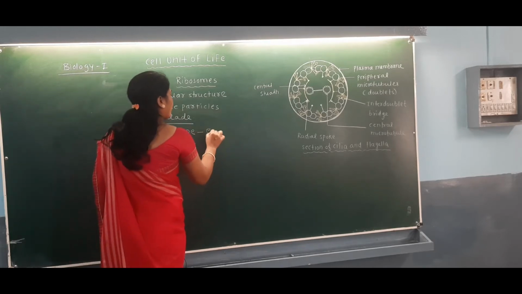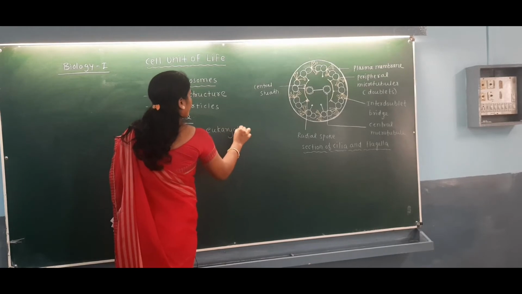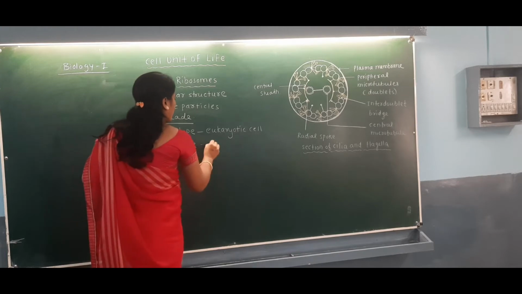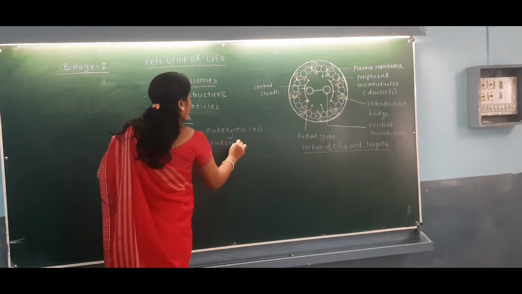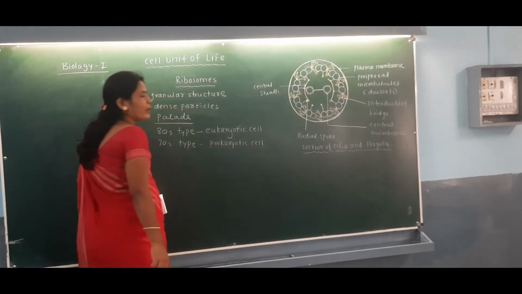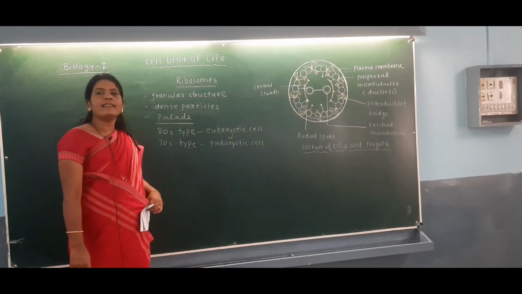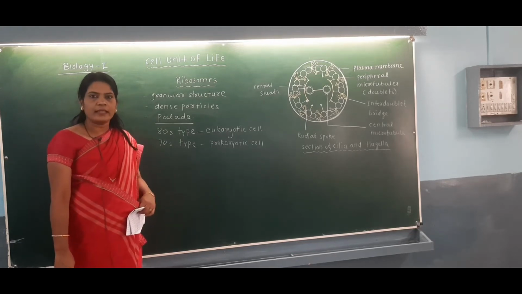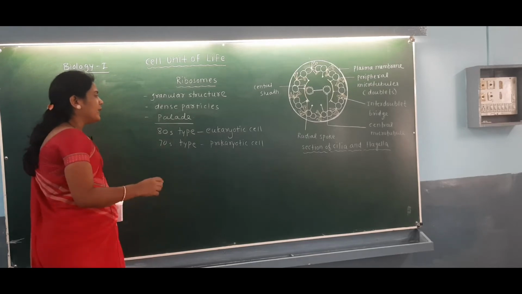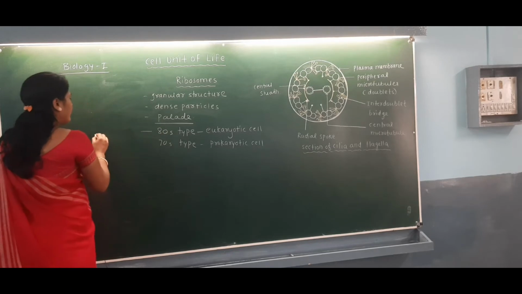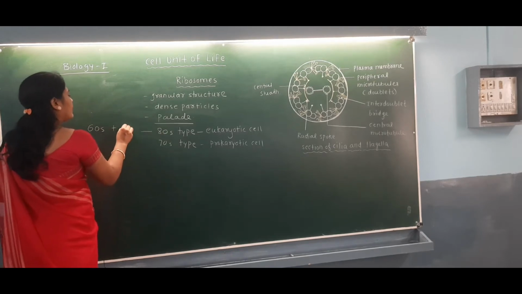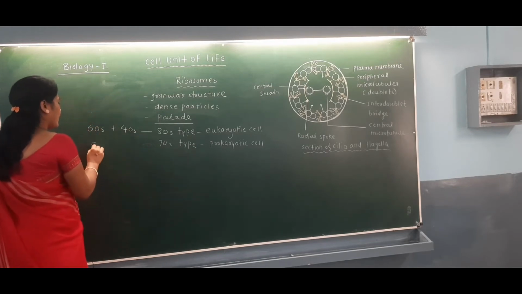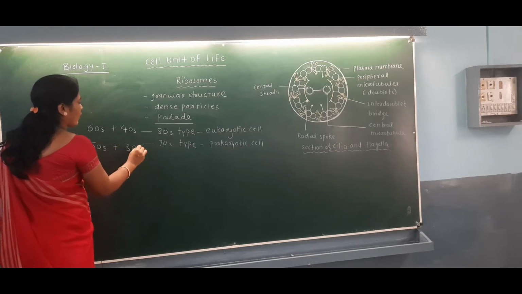Generally the 80S type of ribosome is present in the eukaryotic cell, while the 70S type of ribosome is present in the prokaryotic cell. This 80S type has two units: one is called the 60S unit and the other is called the 40S unit, while the 70S ribosome has two units again: one is called 50S and the other is called 30S.